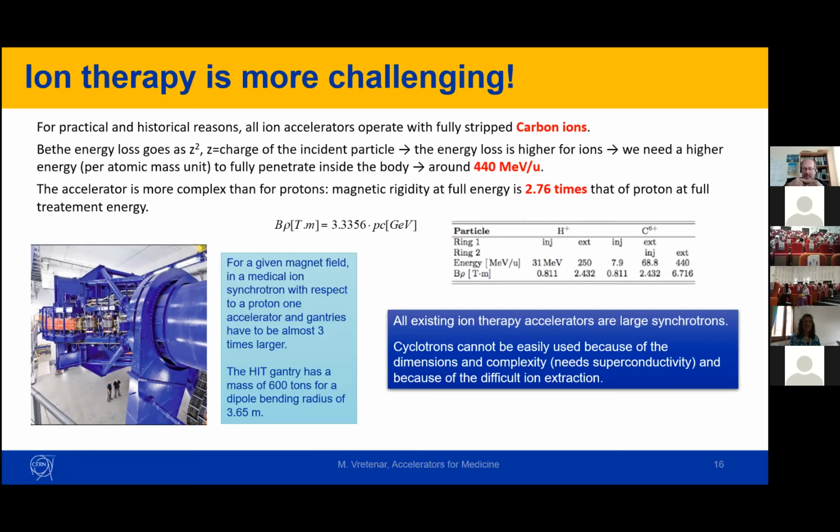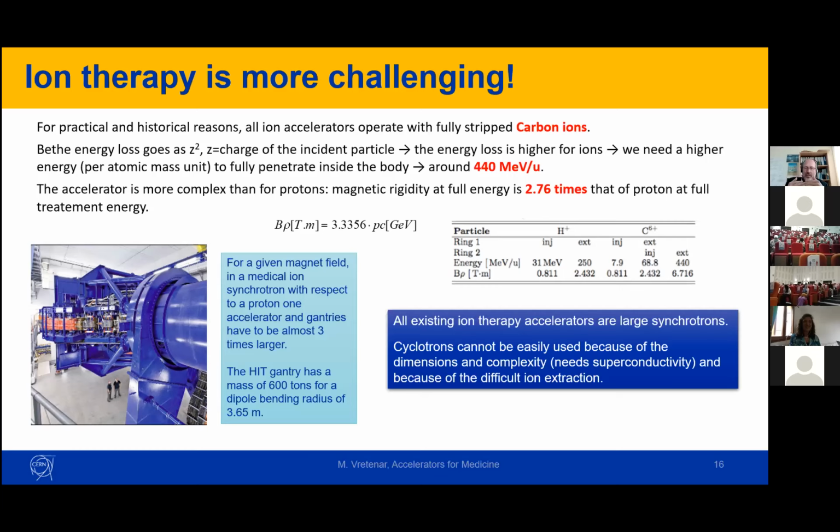But the drawback of the fact that they lose more energy is that they need more energy to penetrate fully inside the body. So with protons, we need only 250 MeV to penetrate through, I think, 30 centimeters of water, or let's say inside the patient.